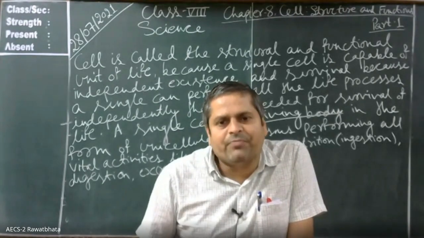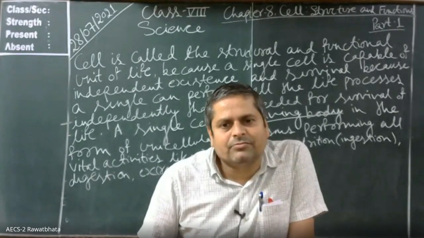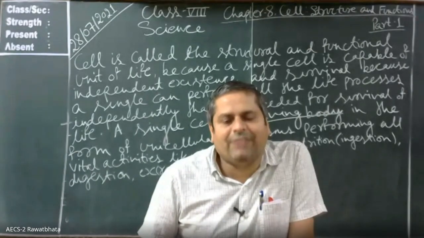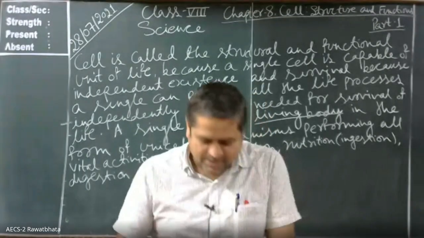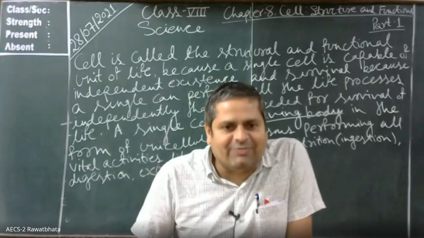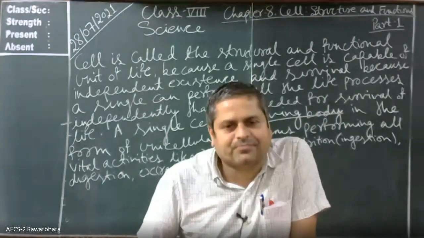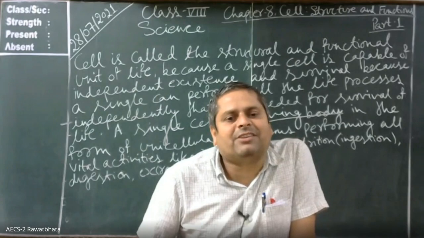Can any one of you recall those things? There we have studied binary fission, budding. Fragmentation, very good. Fragmentation, binary fission, budding, you studied these. So these are all asexual methods of reproduction.